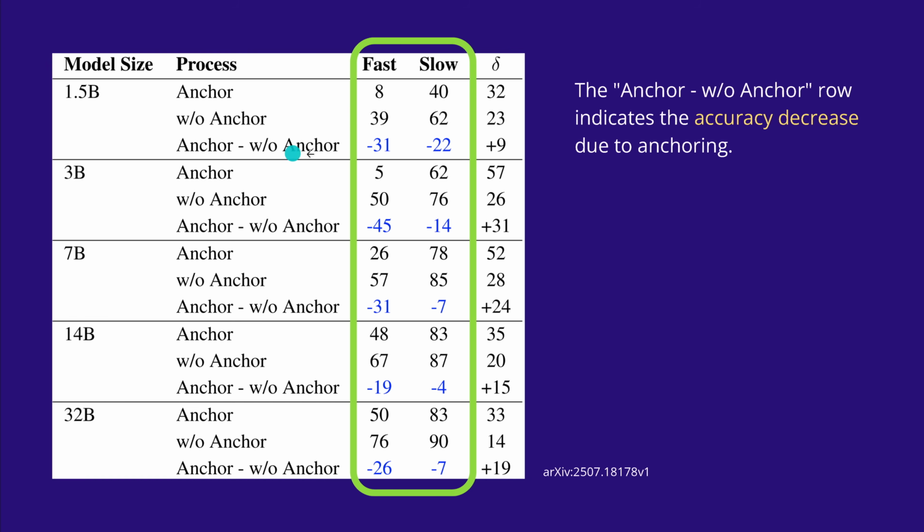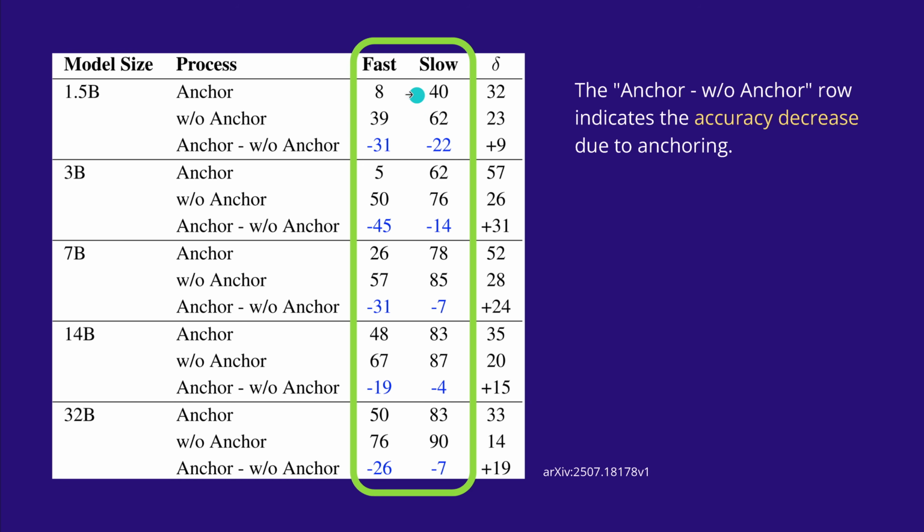Now, if you take the difference, you see anchor minus without anchor gives you minus 31. Now look here at the, if you want, system 2, the slow thinking model. Yeah? If you provide it with an anchor, okay, you have an effect if you compare it to without an anchor. So you only achieve here a performance of 40 compared to 62 without an anchor.